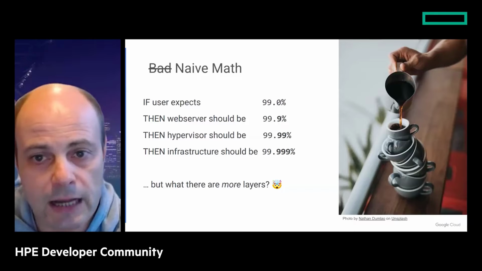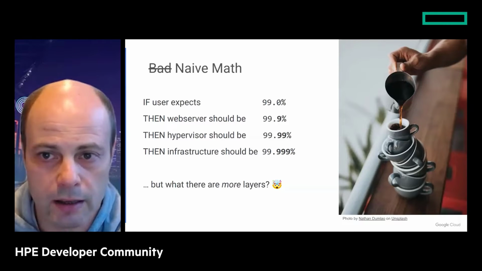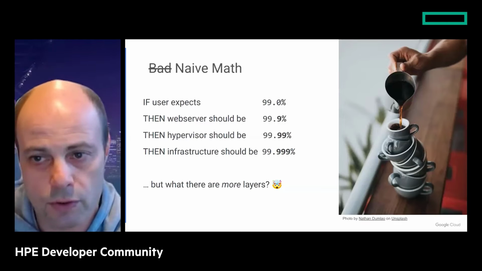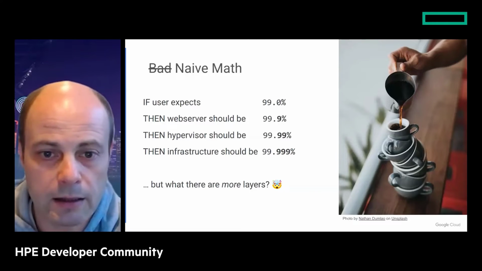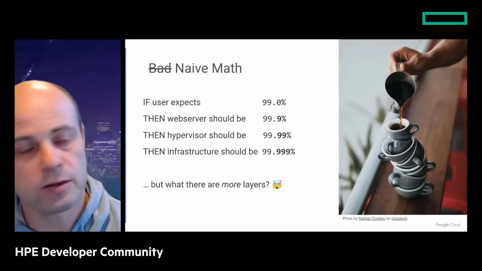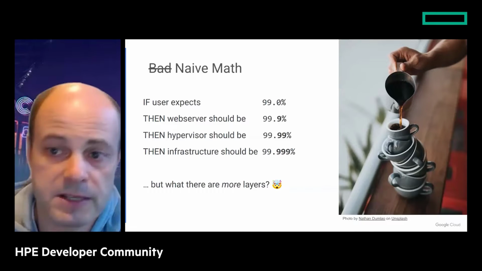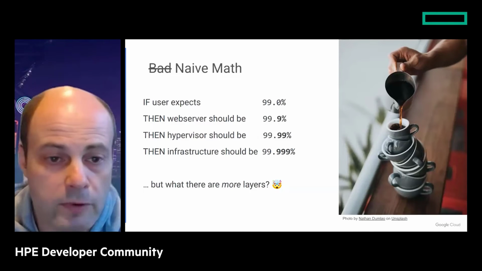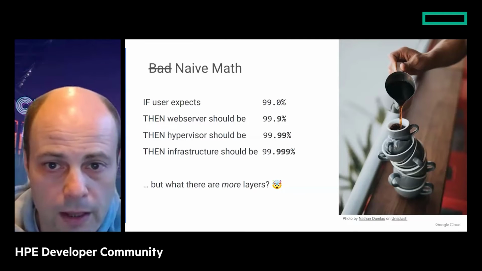So let's start with a 2 nines expectation from the users. So our service SLO, based on what we said, should be 99%. Let's assume our service is a web service, so it runs on top of web server software. This software then should give us 3 nines.